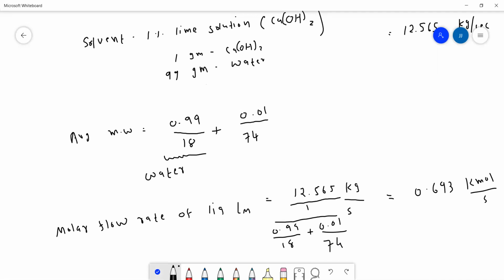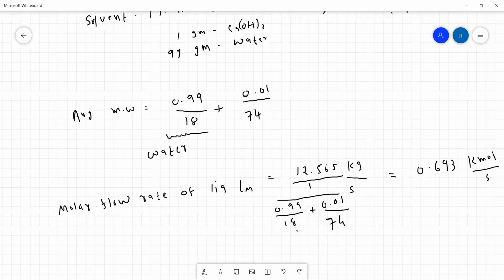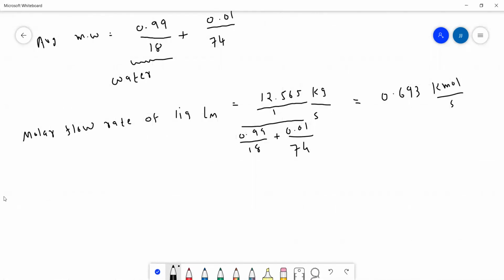Similarly, we also determine the molar flow rate of gas, which is represented by Gm. So Gm we write as Gm is equal to P times Qv divided by RT.